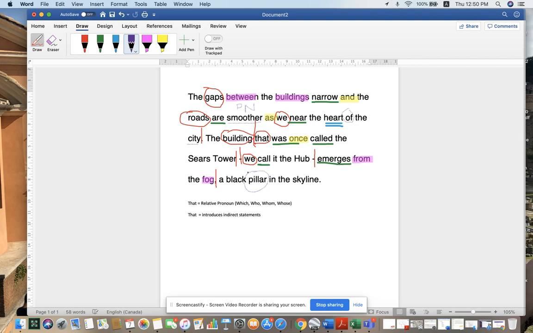Look, this is why it's important to follow your subject and predicate construction first, because that predicate nominative is far, far away from the actual subject of our sentence, okay?